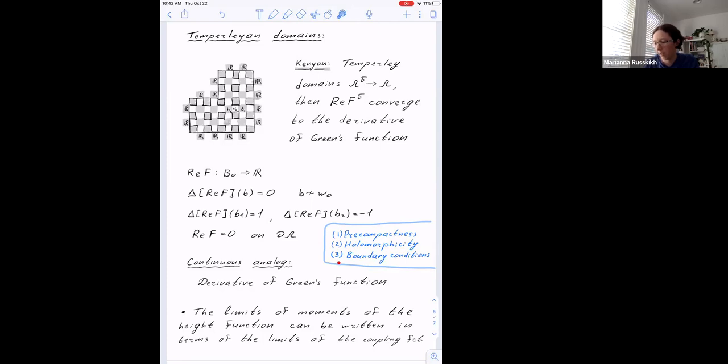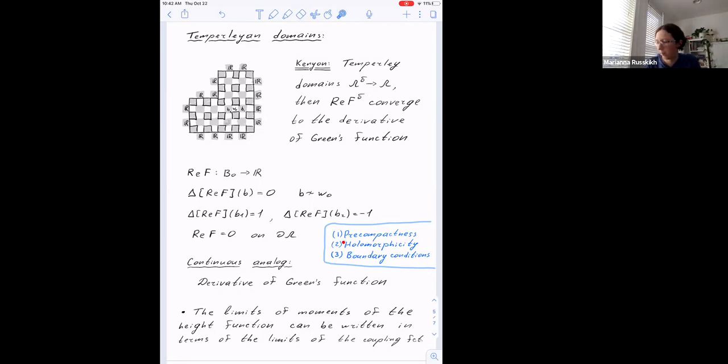Okay, there are 3 steps. First, you should show the precompactness of the family of those discrete holomorphic functions. Then we know that in this case, we have very nice boundary conditions, and we show that in the limit they stay the same. We still have some boundary conditions.